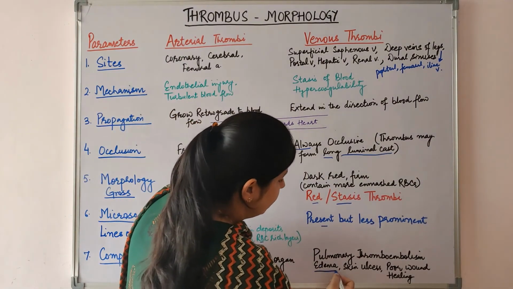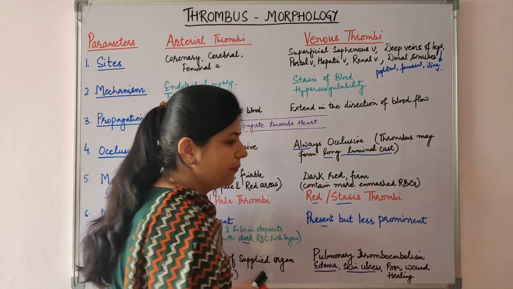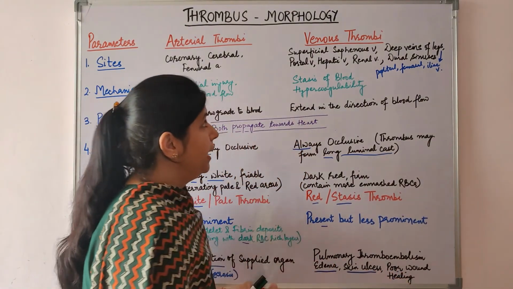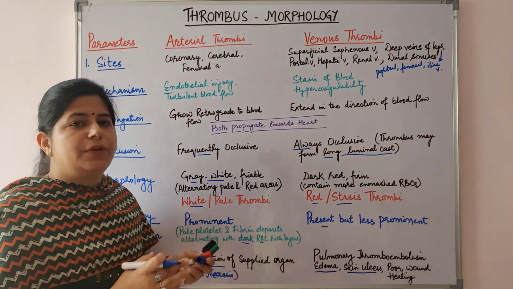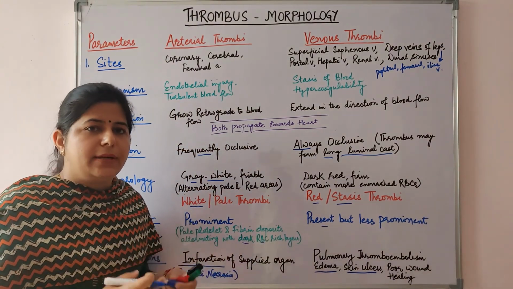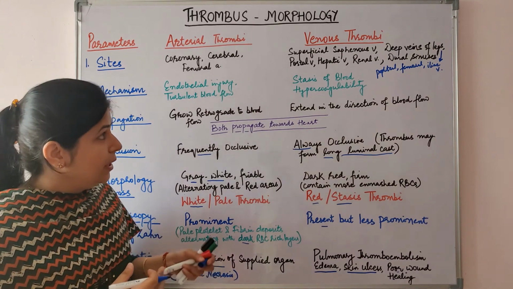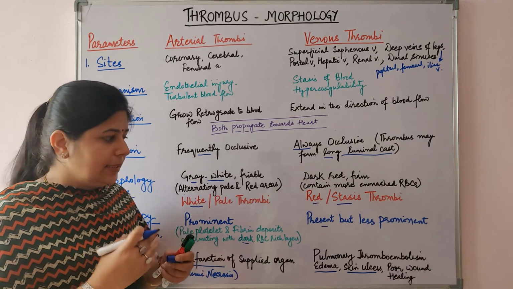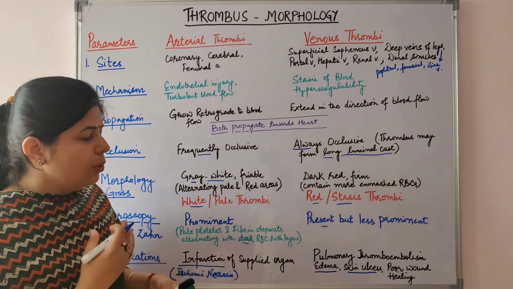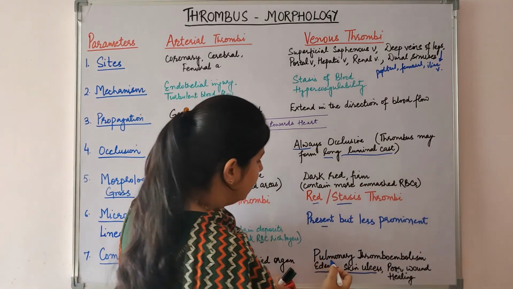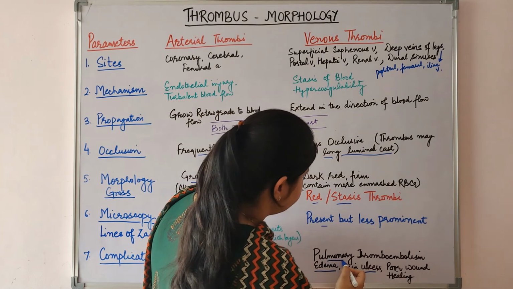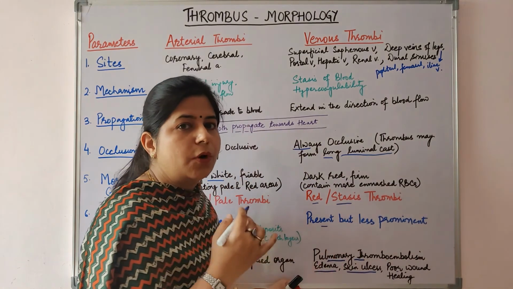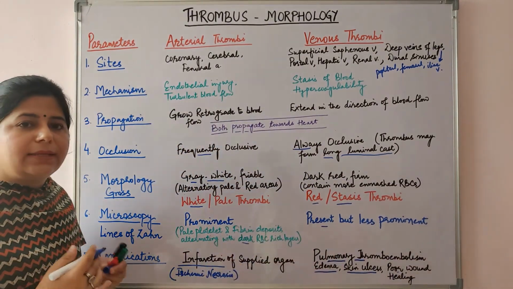The patient will have edema, skin ulcers, also called varicose ulcers, and poor wound healing, and the thrombus in the superficial saphenous veins rarely embolizes. Whereas if the thrombus is in the deep veins, it has a propensity to embolize, and embolism occurs in the pulmonary vasculature. So it can lead to pulmonary thromboembolism, which is a very serious condition.